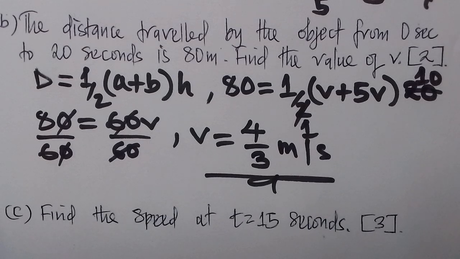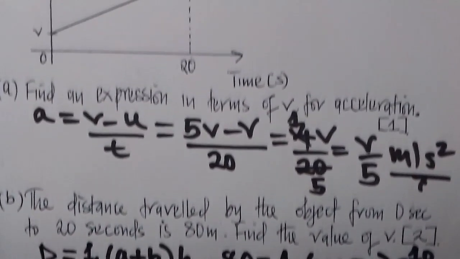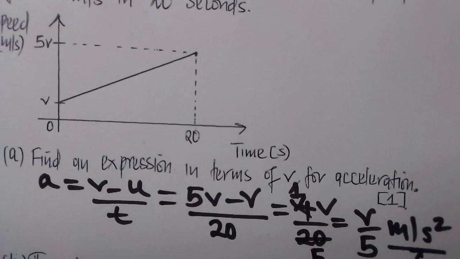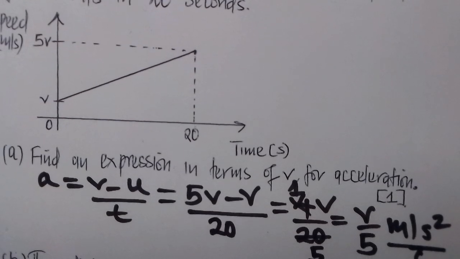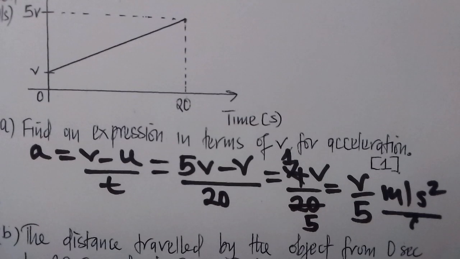So for this part, we are going to start with first of all calculating acceleration, because we need to know what is our acceleration here from V to 5V, which took 20 seconds. So starting with acceleration, if you remember on A, our expression for acceleration is A is equal to V over 5.